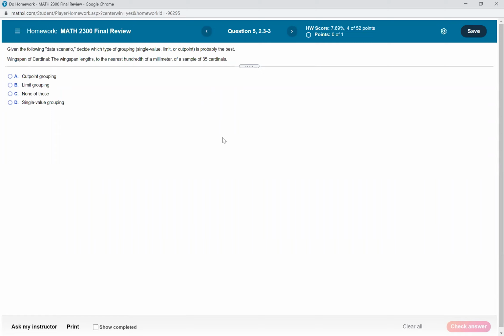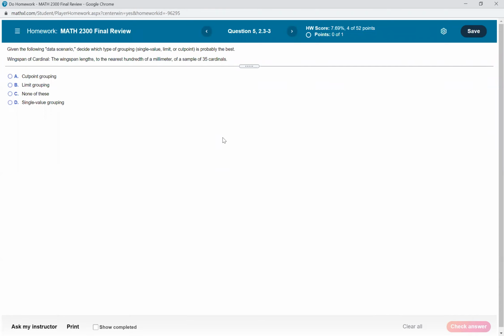If you have a small number of observations, you can use single value grouping. But if the number of observations is large, for the discrete case, you can use limit grouping. But for the continuous case, we always use cut point grouping.